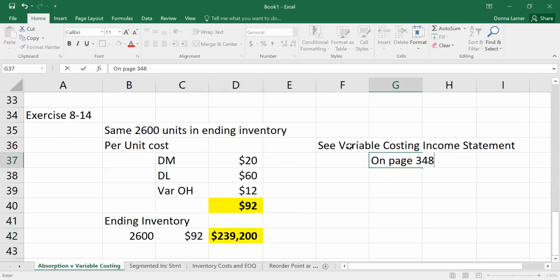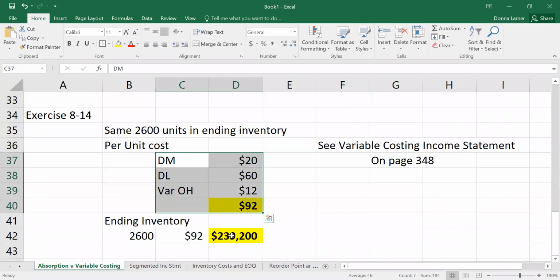348. You'll see that that includes sales at the top, but instead of taking away cost of goods sold, we're taking away the variable cost of goods sold. Everything else is put down below. So cost of goods sold is listed as variable cost of goods sold.